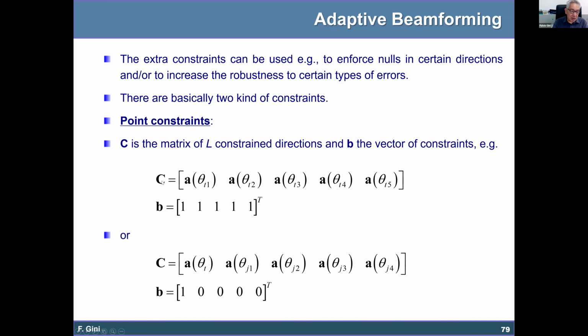So depending on this, the matrix C and the vector b can be made either, for example, like this, where we impose 5 different distortionless constraints, or like this. So we impose a distortionless constraint from angle theta_t. So basically, we want to steer the beam in direction theta_t, and we want to put nulls at directions theta_j1, theta_j2, theta_j3, and so on, because we expect a jammer and interference from those angles.